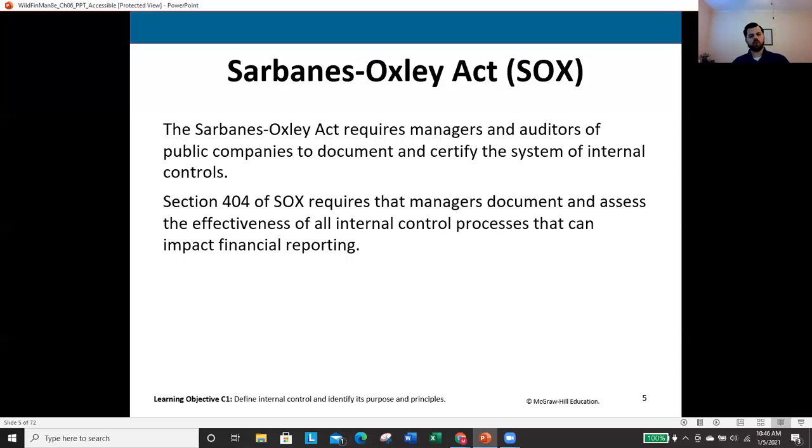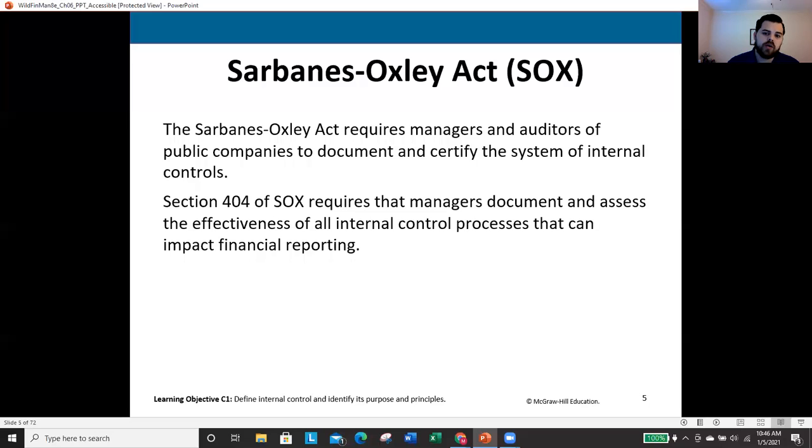When we're talking about internal controls, the story starts way back with Sarbanes-Oxley. Prior to Sarbanes-Oxley, essentially accounting firms policed themselves. It's an oversimplification perhaps, but it works for an introductory course to say such.